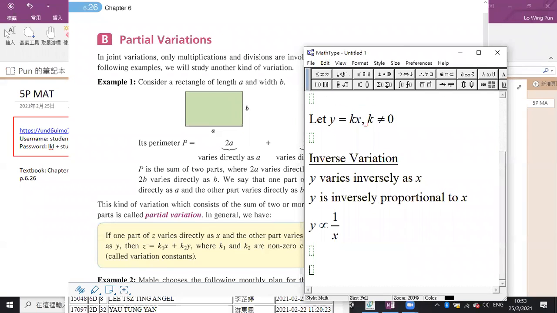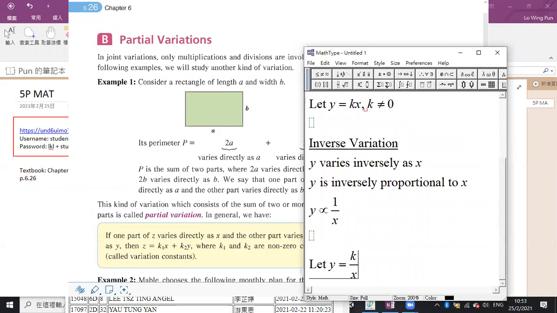Then we will let y be equal to k over x, where k is not equal to 0. Okay, that is what we learned in the first part and the second part of this chapter.